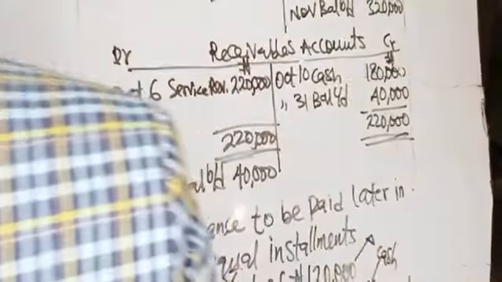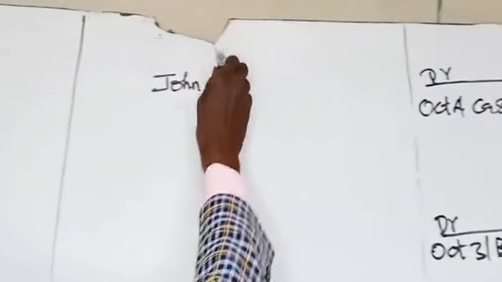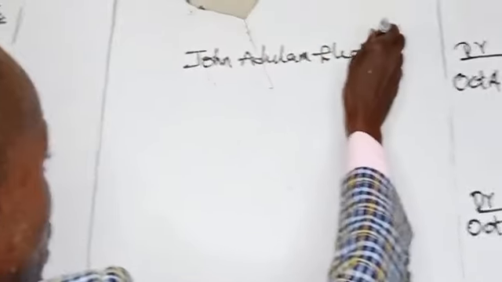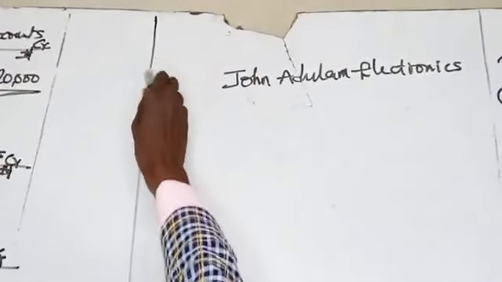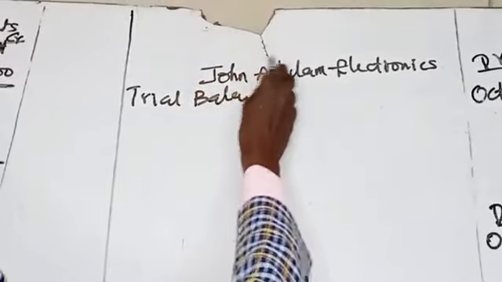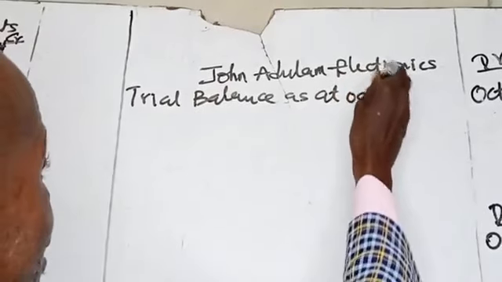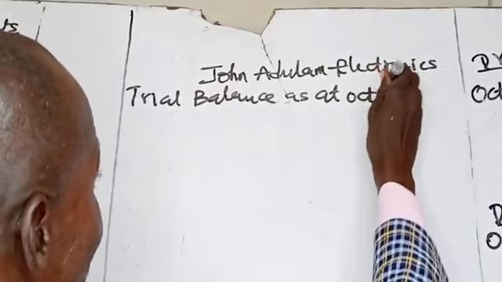Now, let's extract a trial balance for John Adulam Electronics. Trial balance as at October 31st.